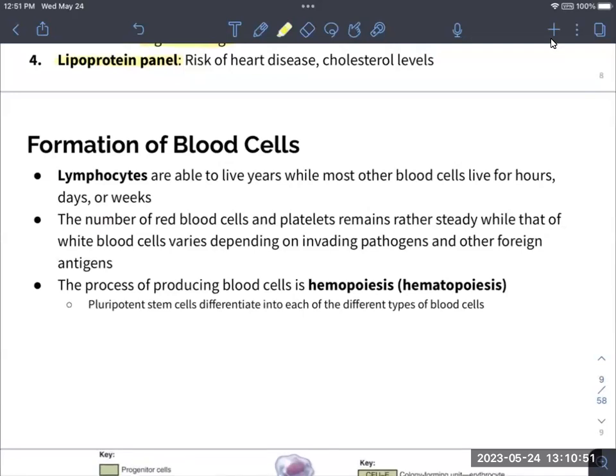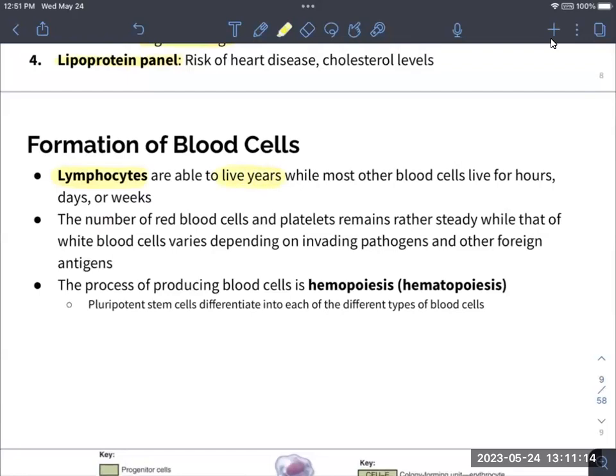So our lymphocytes, those white blood cells, they're part of those formed elements. Those white blood cells have the longest lifespan because they can live for years.